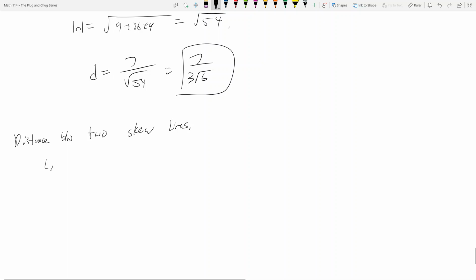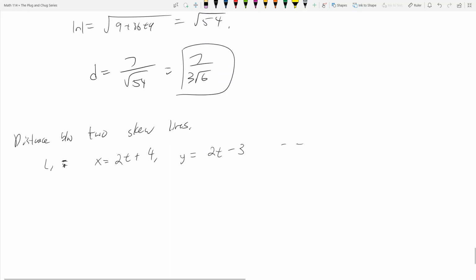And so let's say then L1 is this line. X is equal to 2t plus, let's see, 2t plus 4. Y is equal to 2t minus 3, and z is equal to t plus 1. Hold on, this is weird.